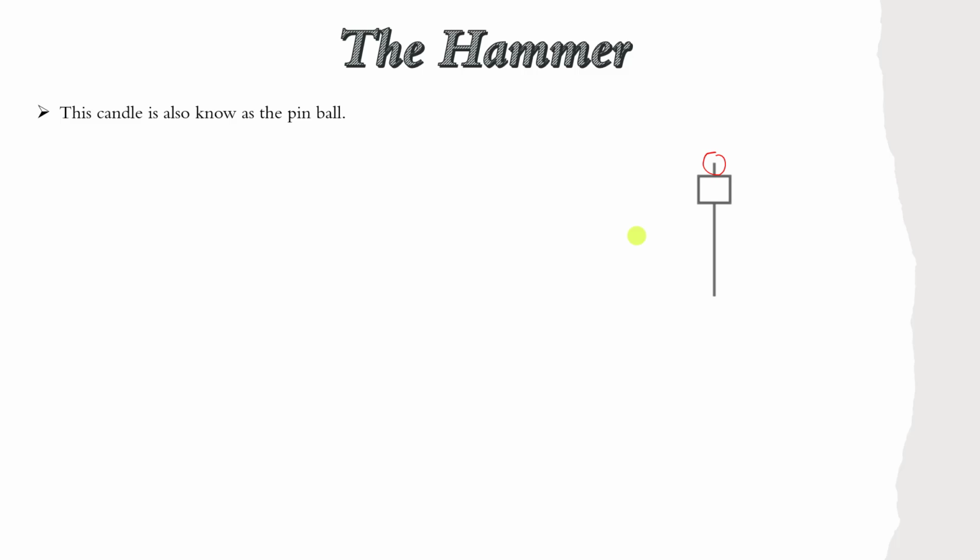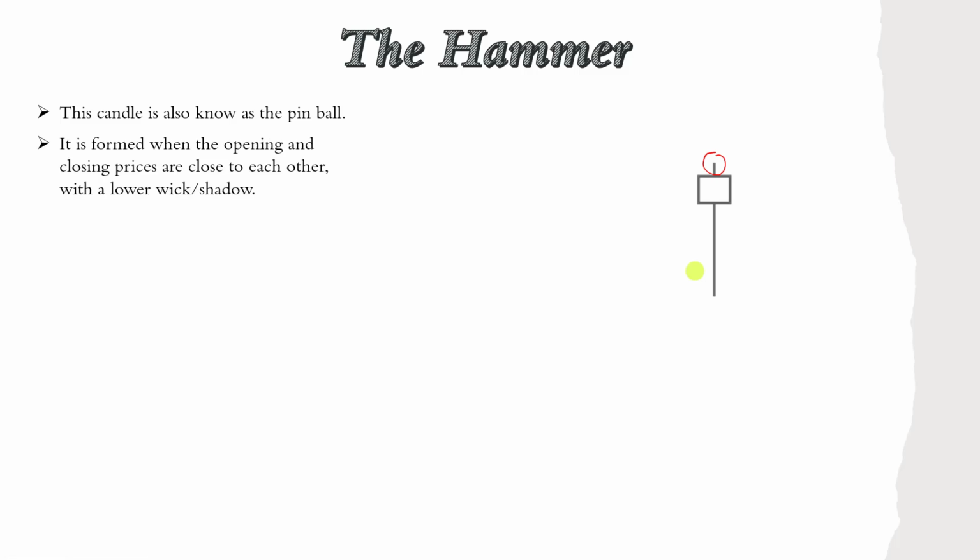This candle is also known as the pinball, just as we have seen it here now. The way it looks, it is also known as the pinball. It is formed when the opening and closing prices are close to each other with a lower wick. So if this is a bullish candle, it opens around this point here.